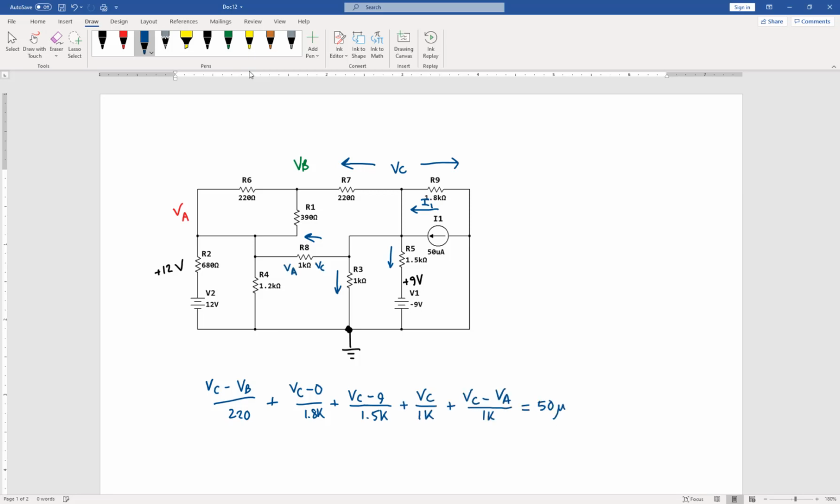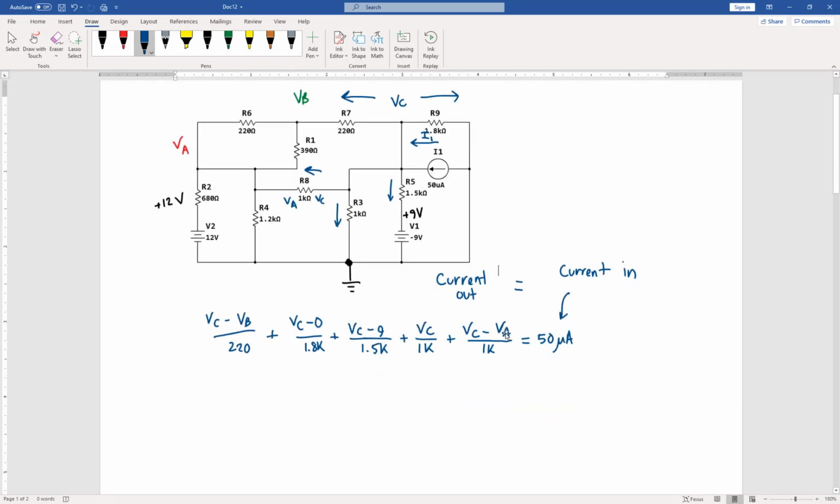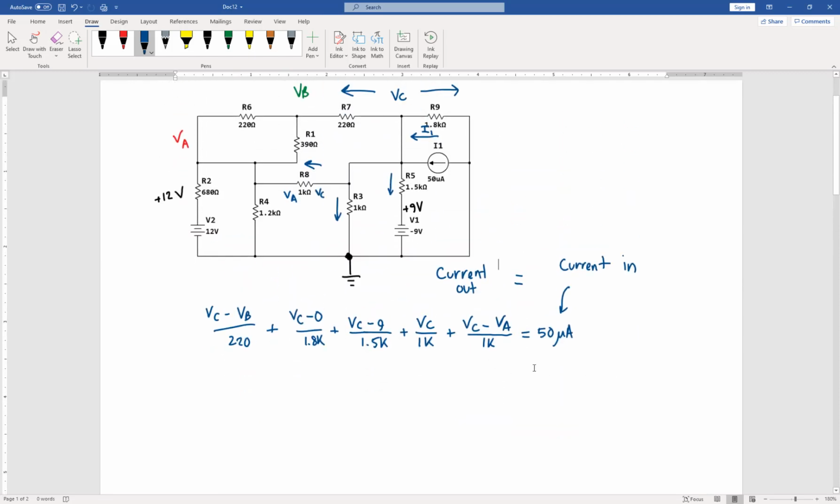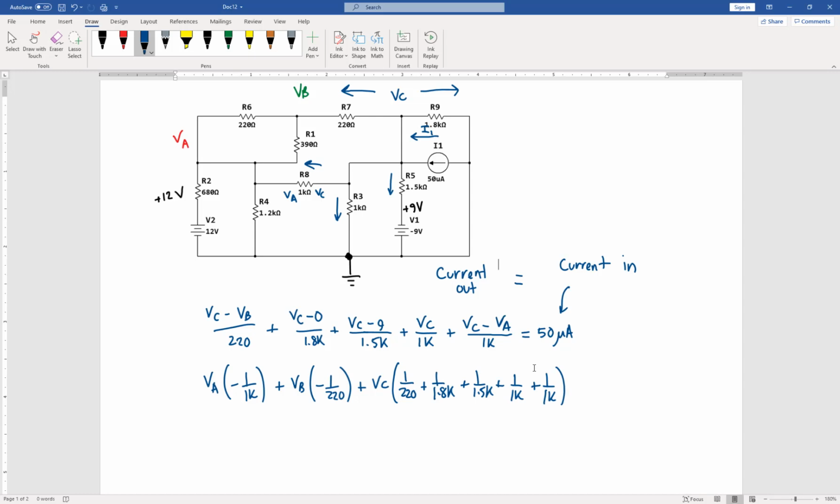Now this all has to equal 50 microamps because this is the current in, and the left side of the equation is the current out. So it's current out equals current in. Okay, let's do some simplifications.